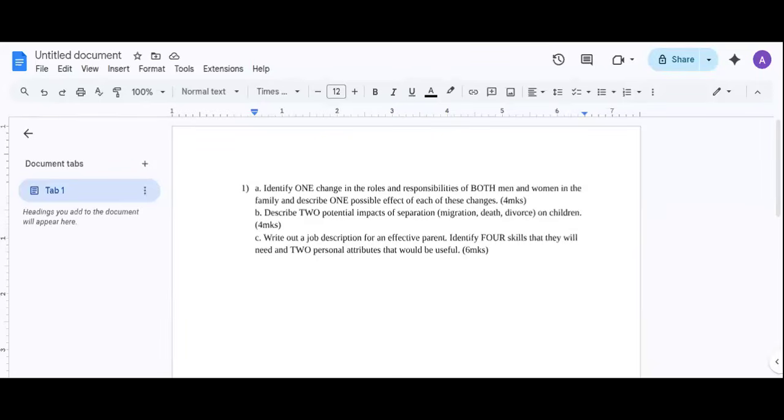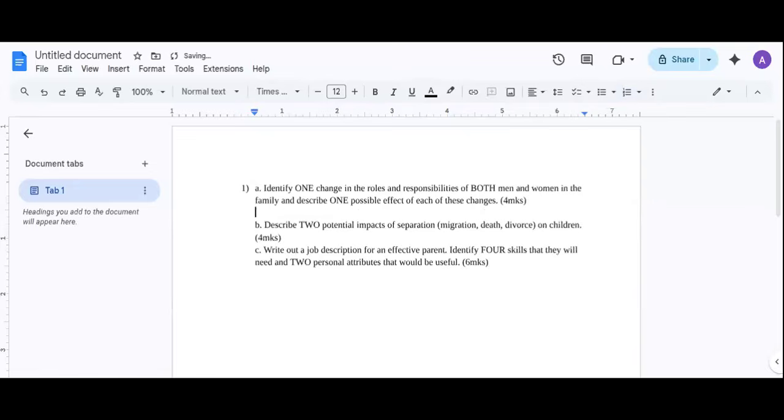We could add another one where we look at the change in the men, and we can say that the men may now be more involved in the emotional and psychological development of the children. So let's put our answer there.